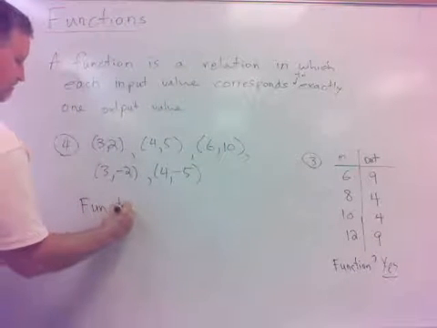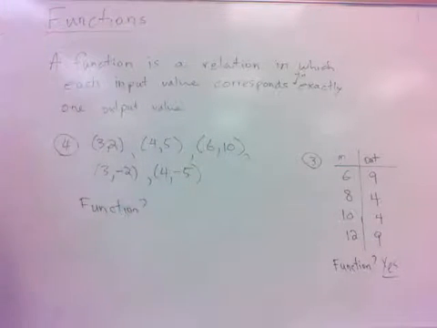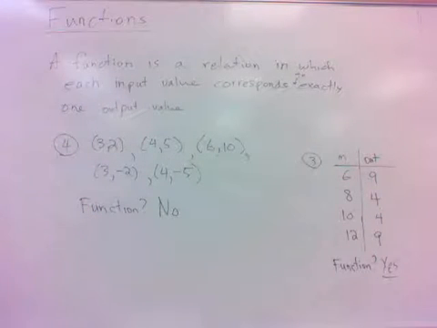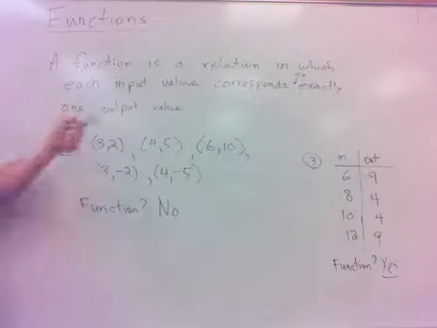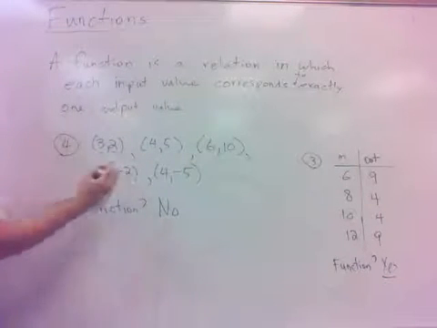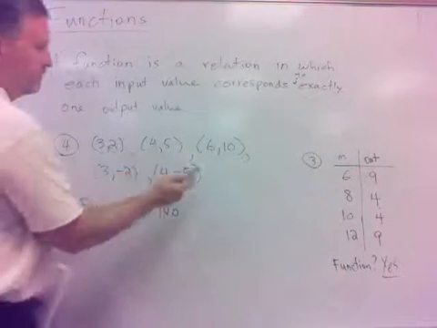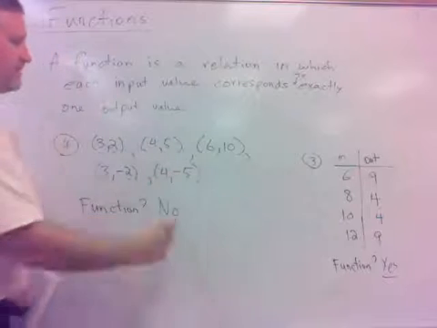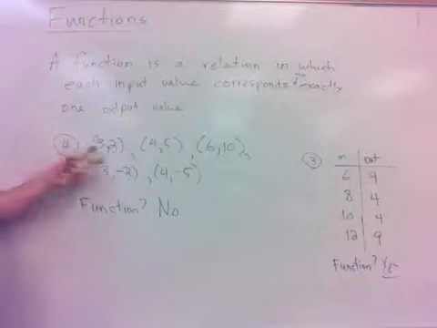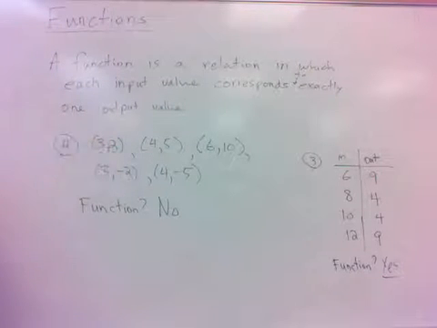Would that be a function? No. Why not? You've got the same inputs going to 2 different outputs, don't I? I've got 3 going to 2, and then I have 3 going to negative 2. I've got also 4 going to 5 and negative 5. So yeah, that is not going to be a function. An input's going to more than one output.